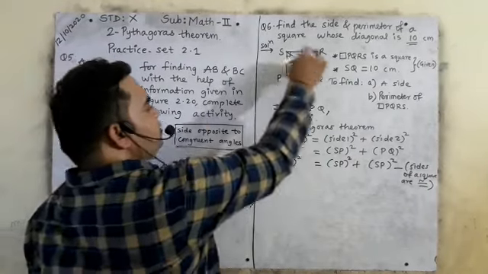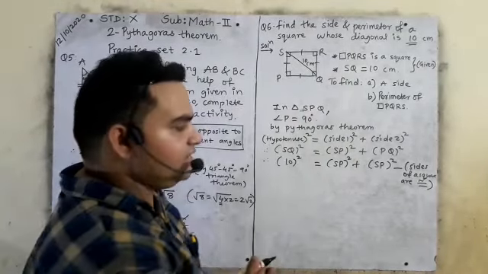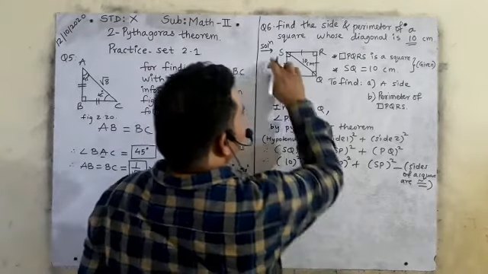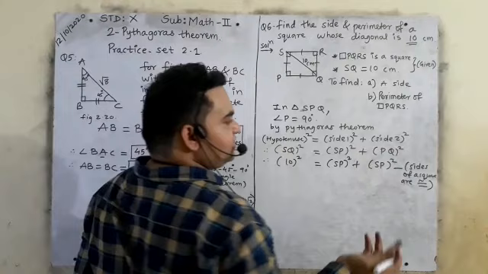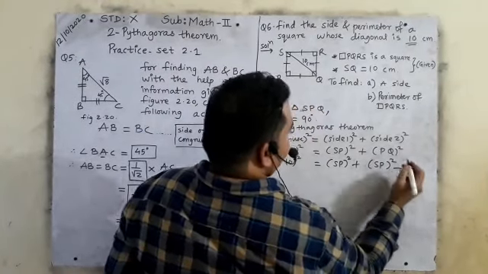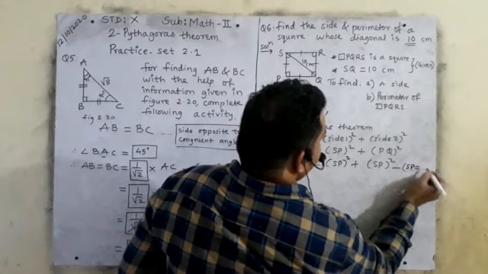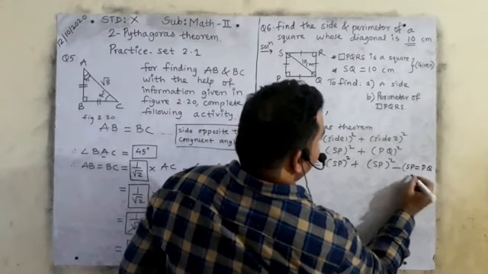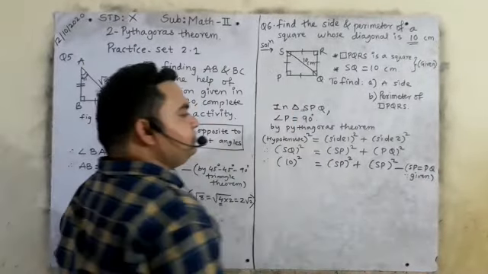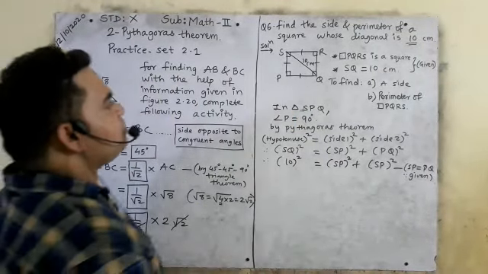All four sides are congruent to each other. Is it clear? Or you can say over here SP is equal to PQ. It is given also, so you can use that. Is it clear? SP is equal to PQ.